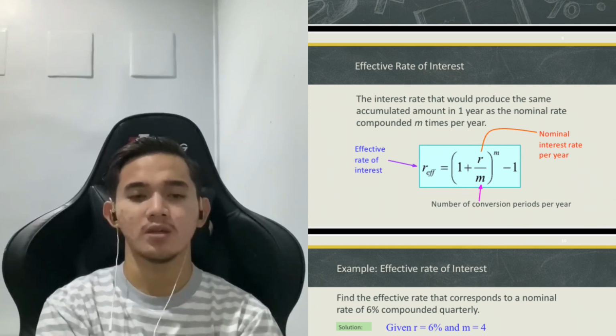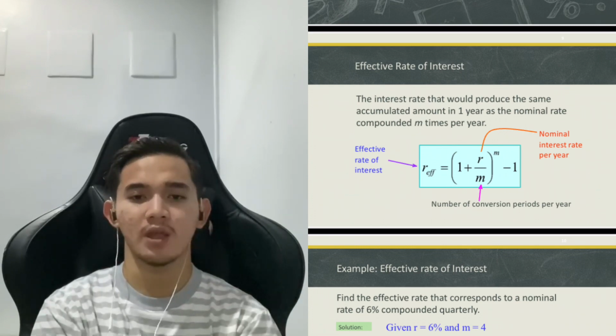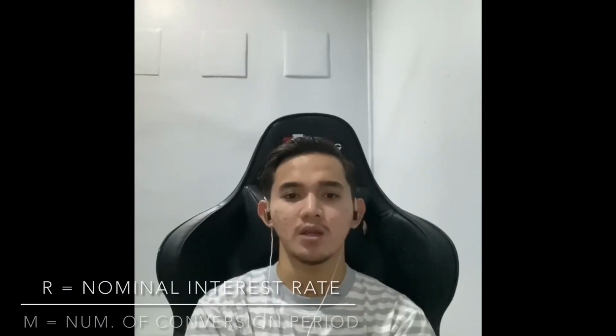As you can see below, this is the formula for the effective rate of interest: r equals (1 plus r divided by m) to the power of m, minus 1, where r is the nominal interest rate per year and m is the number of conversion periods per year.